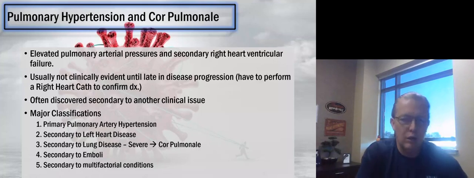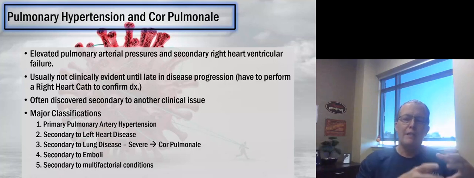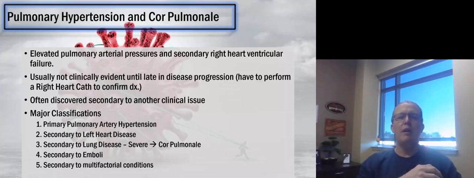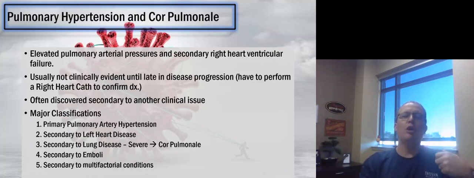So now we're talking about the blood pressure that the right ventricle encounters. More often than not, when we're talking about pulmonary hypertension, we're talking about a pressure that's a result of some kind of problem with the lung that has increased the work of the right ventricle. Hypertension is hypertension.